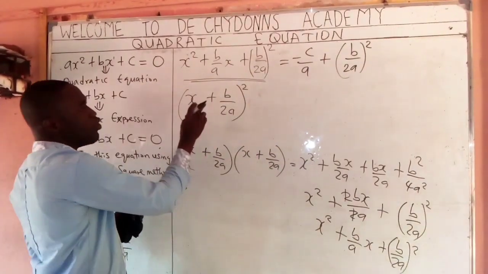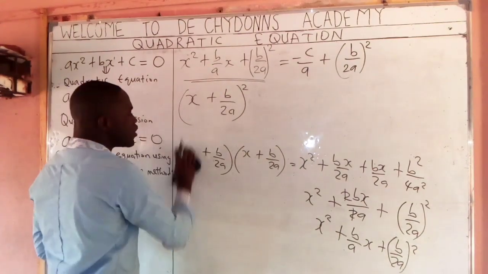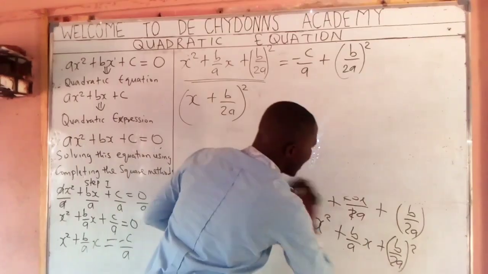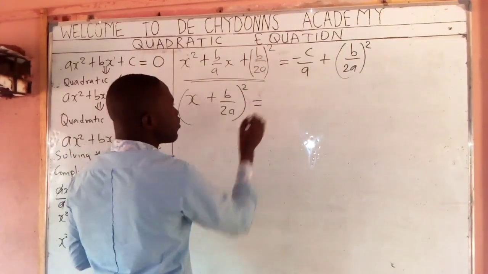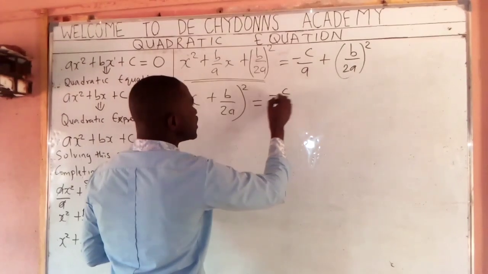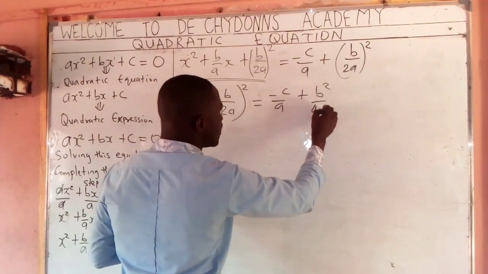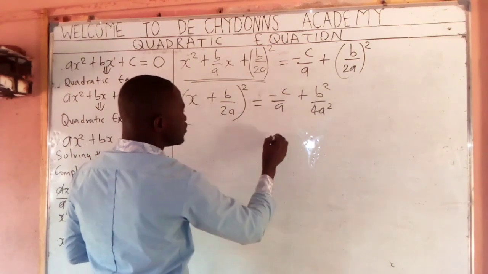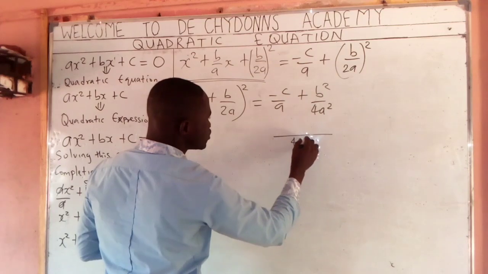Have you seen that squaring this gives you back this? That is why we say the expression you see here equals minus c over a plus b squared over 4a squared. You look for the LCM, and the LCM of this total will be 4a squared.